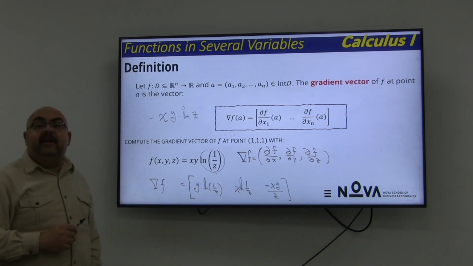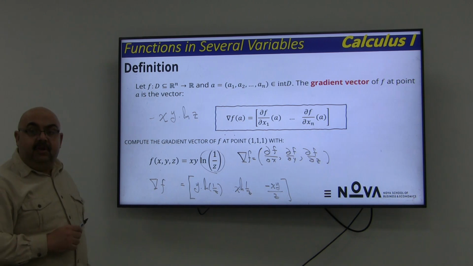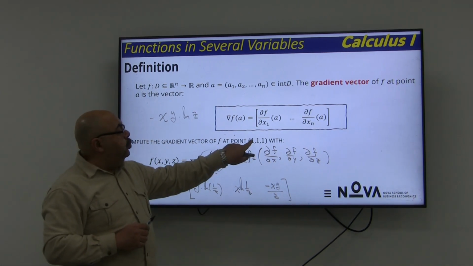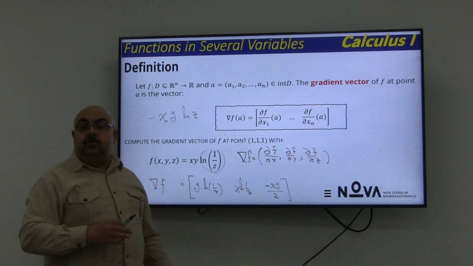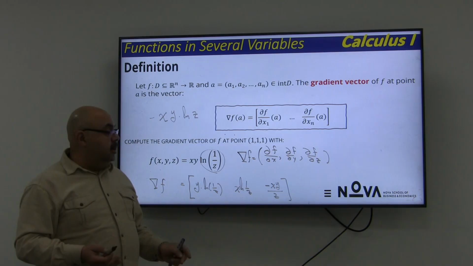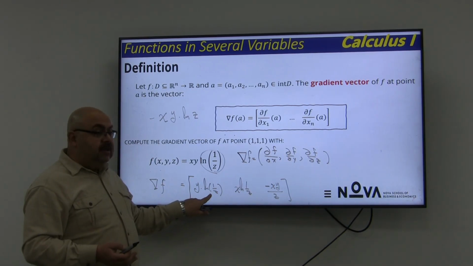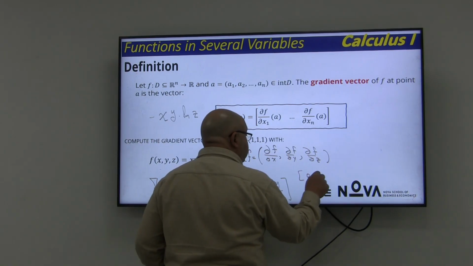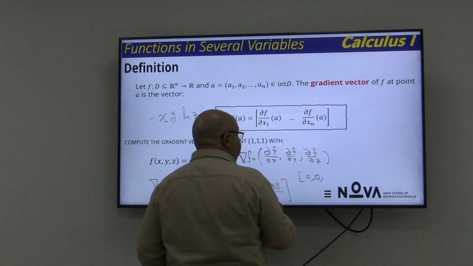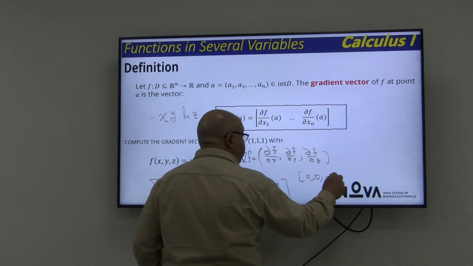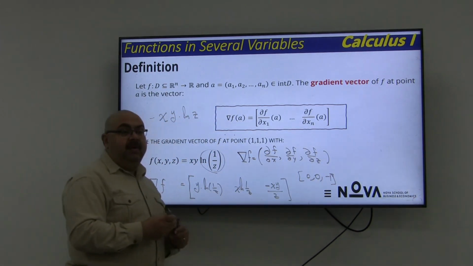He wants you to evaluate the gradient vector, but at the point 1, 1, 1. So after getting the gradient vector, I will make a substitution. ln 1 is going to be 0. So simply it's going to be 0 and 0 and negative 1 times 1 over 1, so it's going to be negative 1. That's the gradient vector at the point 1, 1, 1.